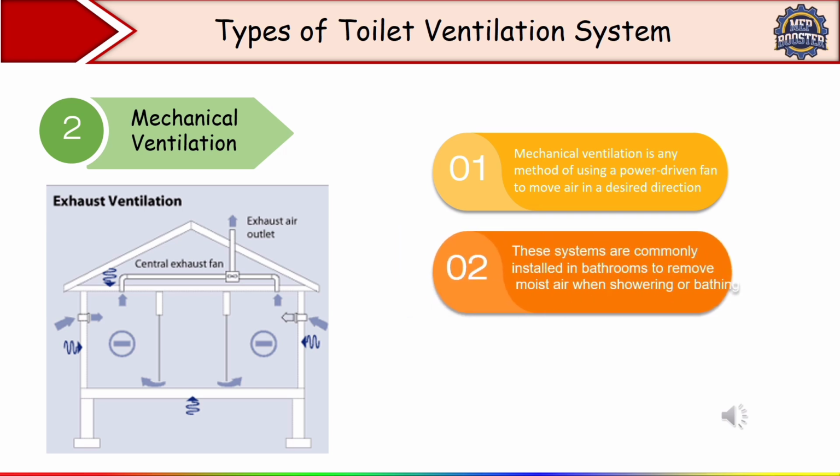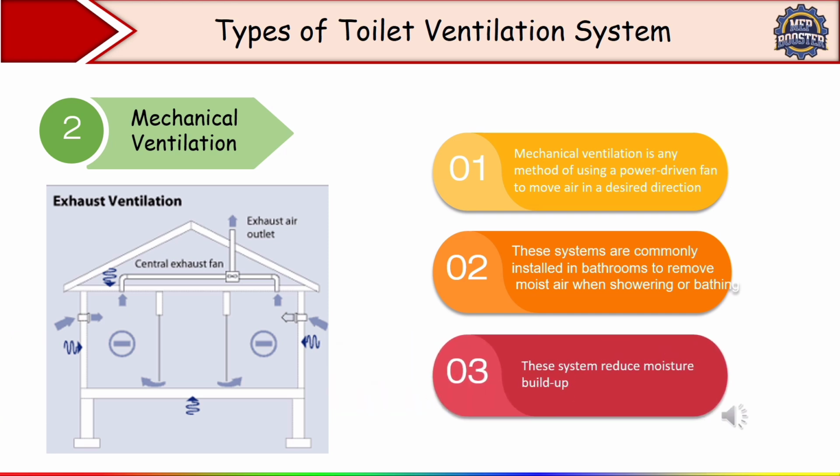Second point is that these systems are commonly installed in bathrooms to remove moist air when showering or bathing. Okay, suppose you are bathing or using the shower, at that time moist air will be present in the toilet or in your bathroom. So to remove that moist air, we are using this ventilation system, and these systems reduce moisture buildup.